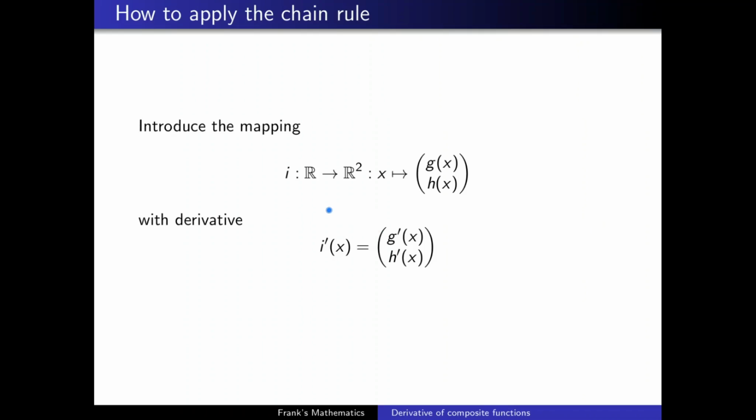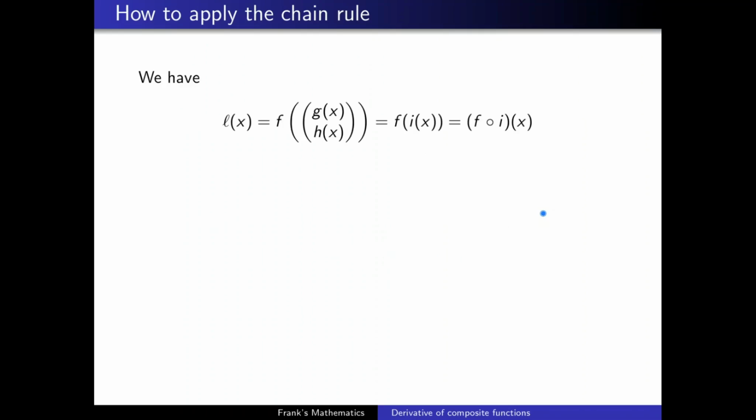We introduce the mapping, we call it I. I maps just the real number x to the vector g applied to x and h applied to x. And its derivative, well, it's just the Jacobian matrix here, just g prime of x in the first argument and h prime in the second argument. So nothing special here.